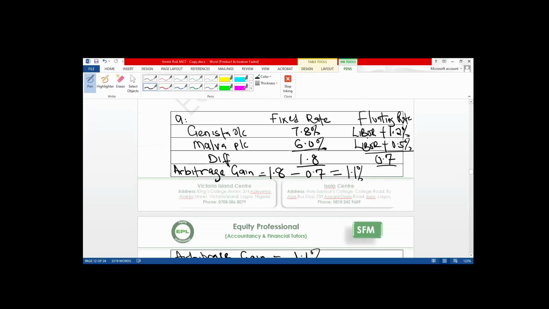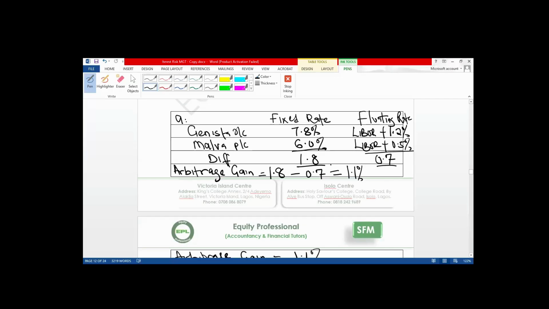Genista. The higher difference is coming from fixed rates. If you look at the fixed rates, the difference is here, 1.8. For floating rate, 0.7. The higher difference is coming from your fixed rates.